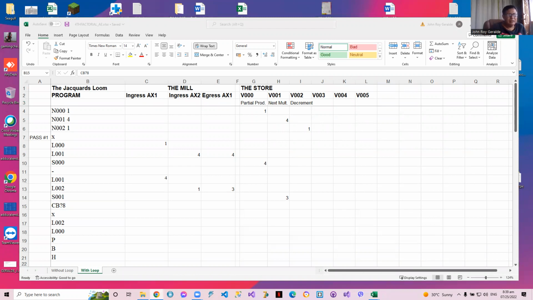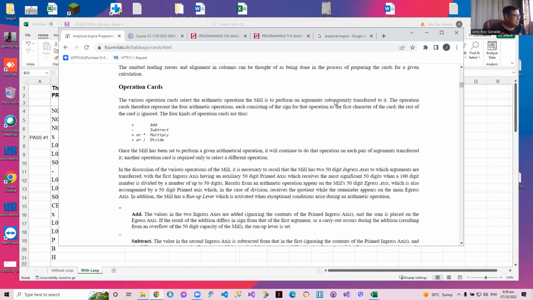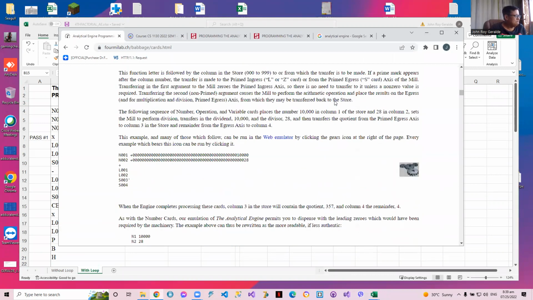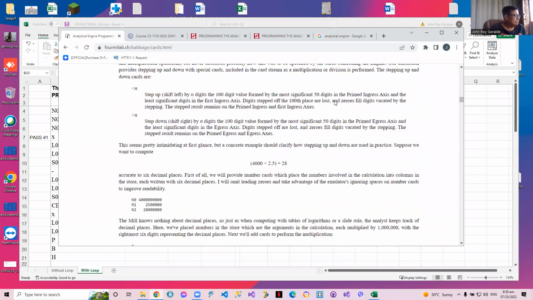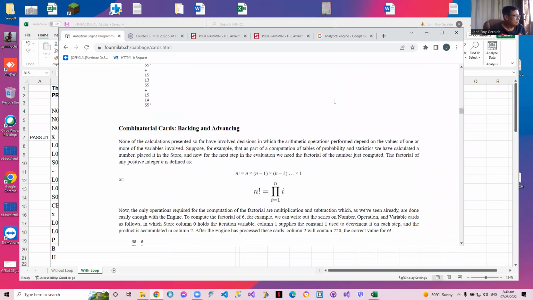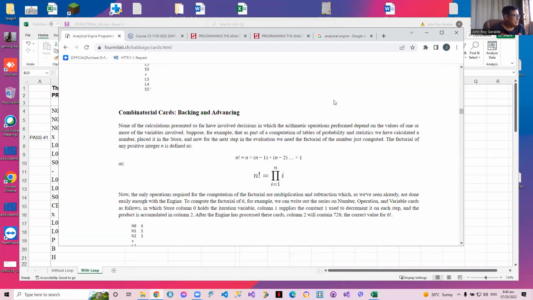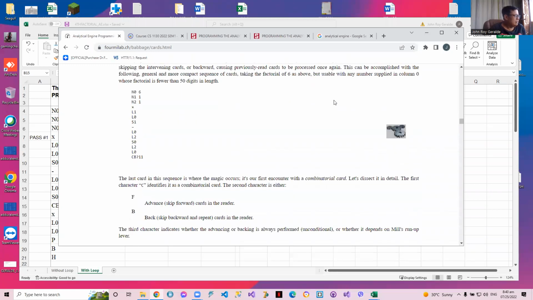Kasi nandyan yan, no? CB is a command, no? Backing and advancing. Okay.